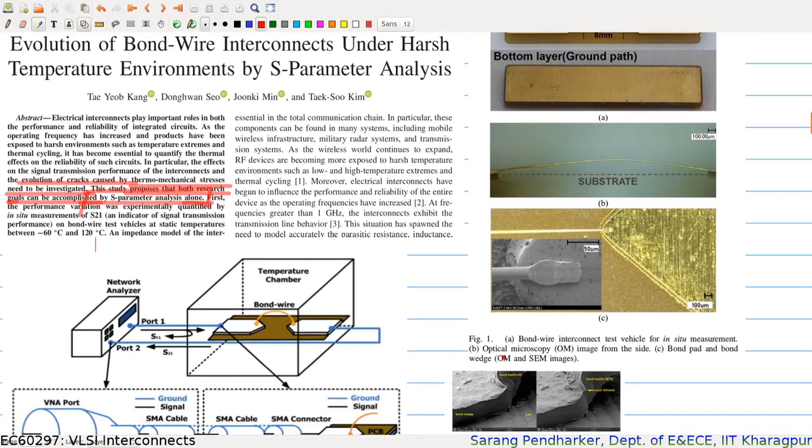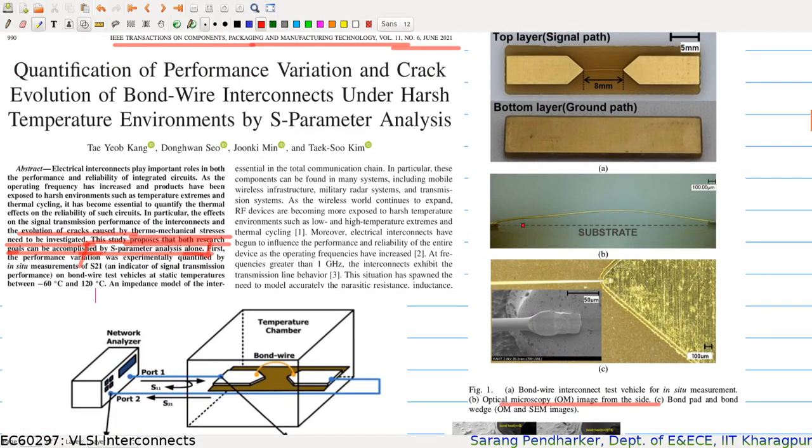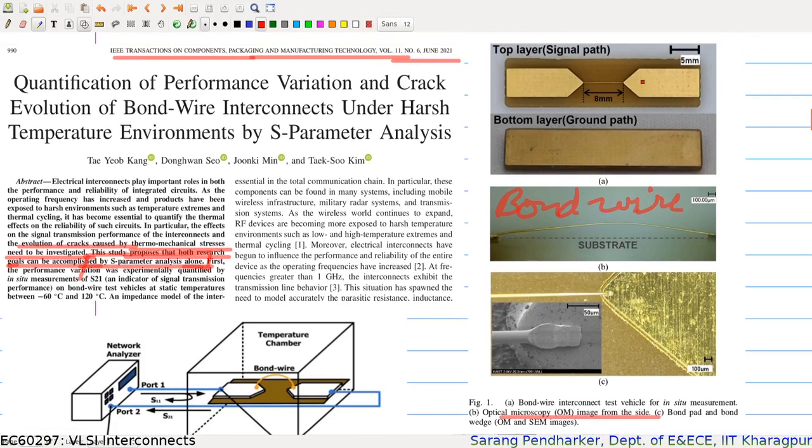This is the optical microscopy image from the side. So from the side, this is the bond wire, and then the bond wire is connected to this part here.